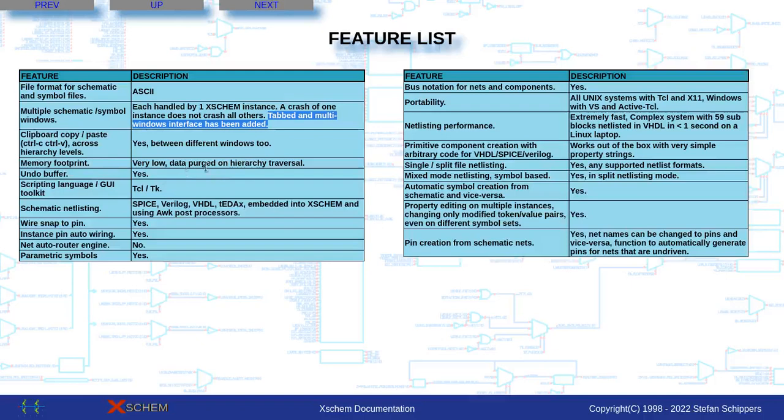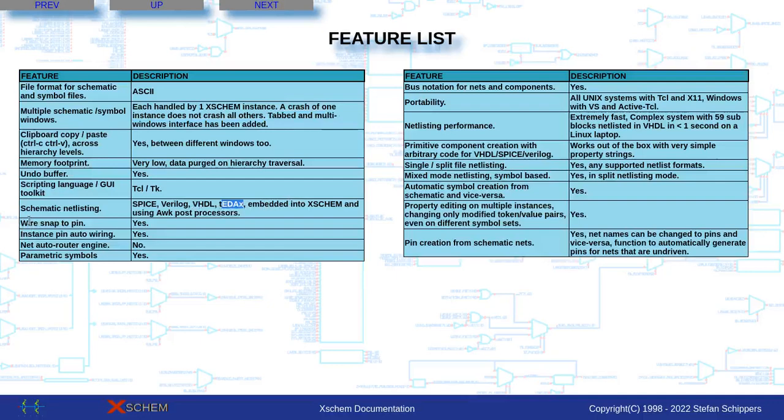Memory footprint is very low. Of course, we have an undo buffer, so we can undo any operation. Scripting language is TCL/TK, as said before. Net listing can be done in SPICE, Verilog, VHDL, and tEDAx, which is a format for PCB.